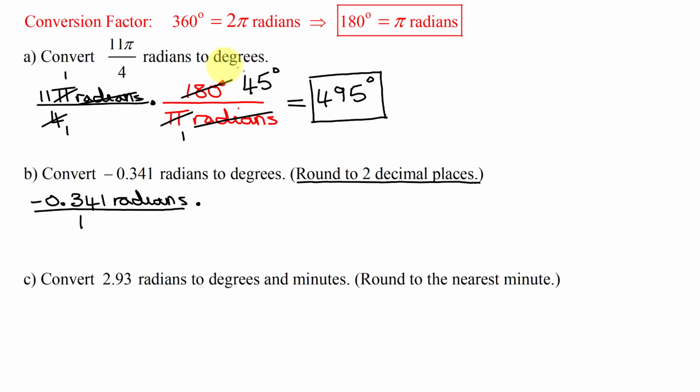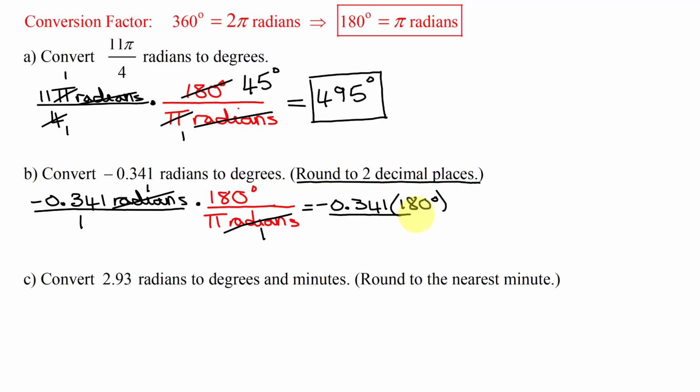Then we're going to multiply it by the same conversion factor of 180 degrees over pi radians. And then simplify. My radians reduce. And so I get negative 0.341 times 180 degrees divided by pi.